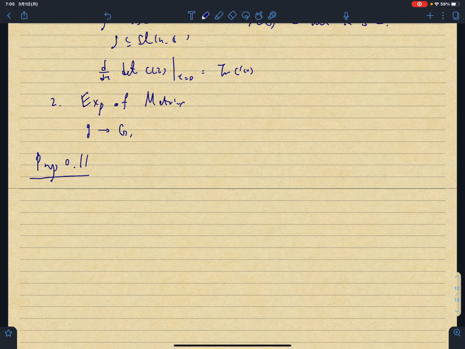Moreover, e to the XY. X is moreover non-singular.